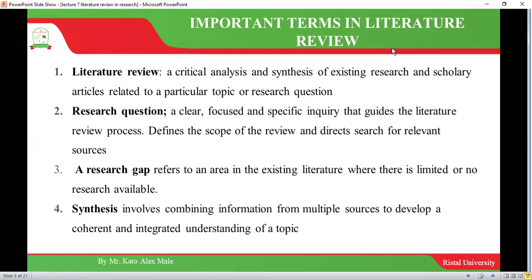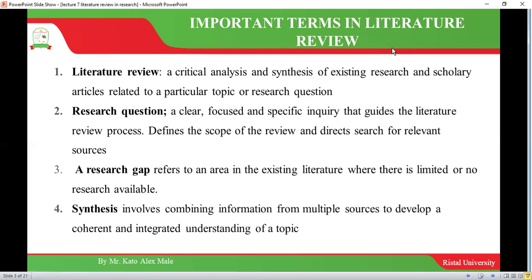And literature review is that process whereby you go on the internet, get sources which have some articles, which have some previous research about the problem you're going to research about, and you try to review these articles, and you try to see what others found out on the problem. We are going to see the importance of literature review.